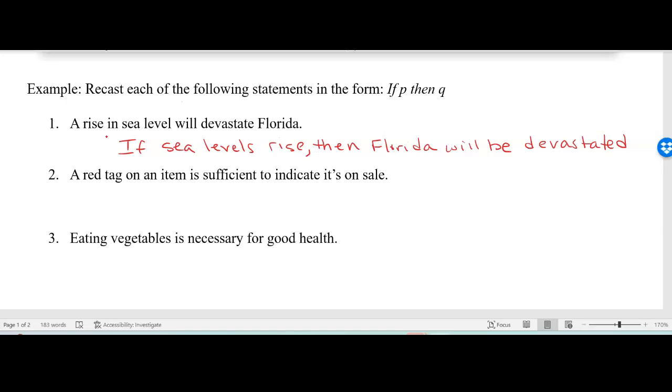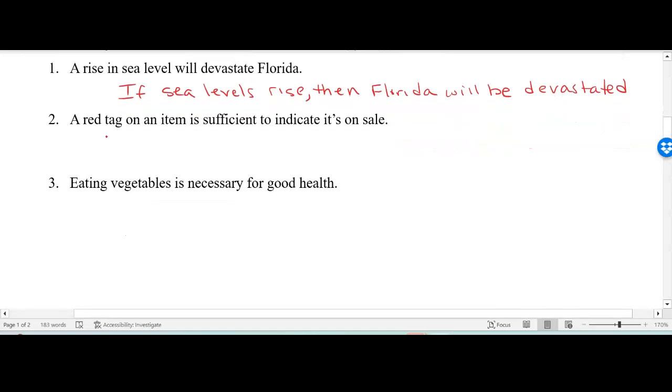What you're going to need to do is look for key words. Let's look at number 2. A red tag on an item is sufficient to indicate it's on sale. All right, is sufficient to, that we kind of looked at that in the chart.